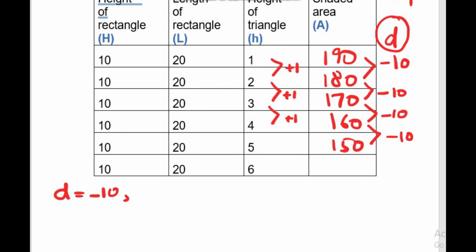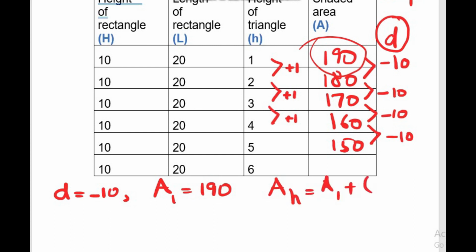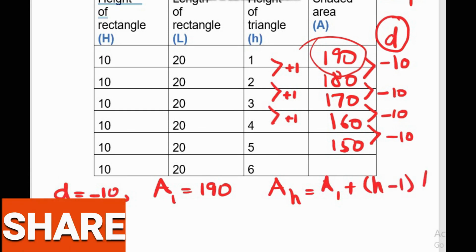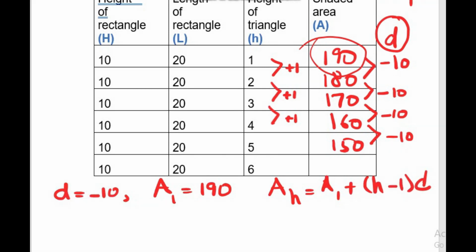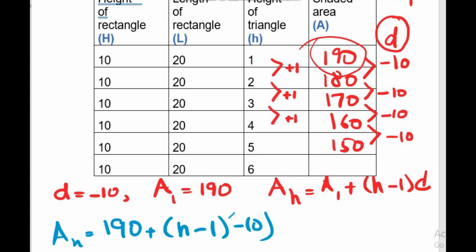The first term of this sequence is 190, so I'm going to say A1 is 190, and the general rule here is A_H equals A1 plus H minus 1 times D, and plugging in the values, we have A_H is equal to 190 plus H minus 1 times -10.